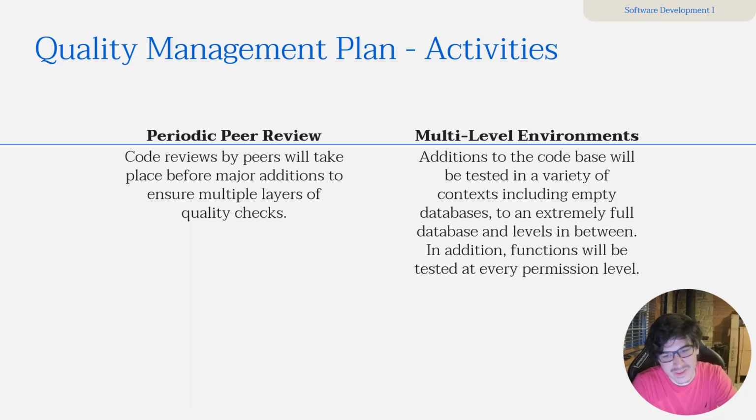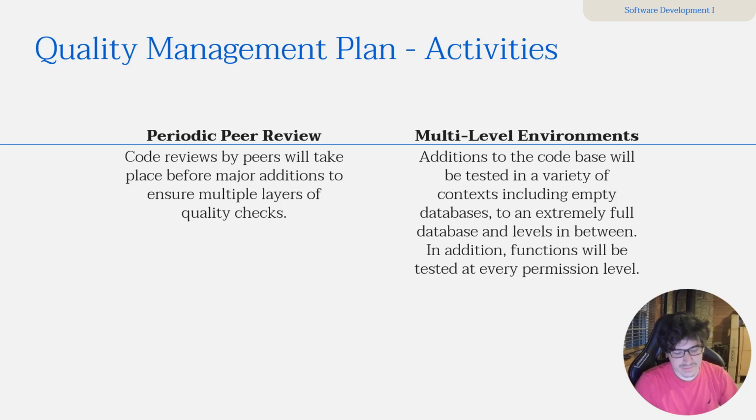All right, so the activities that we want to do to prevent these issues would be periodic peer reviews. Anytime there's a huge addition, you should have somebody else look through it to make sure there are multiple levels of quality checks, and multi-level environments.